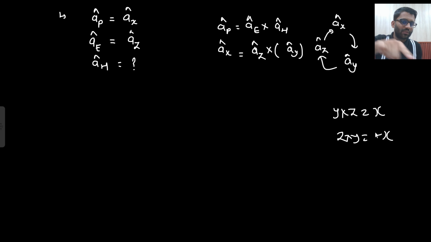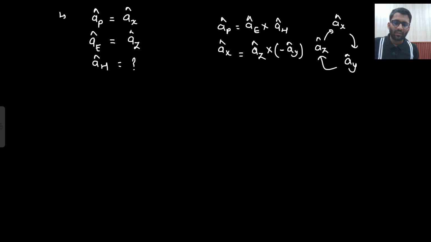Z cross Y will be minus x, so another minus I need to use, and minus minus will get cancelled out, the answer will be aX cap only. So what is the direction of aH? From here you got to know that my aH cap is in minus aY direction.